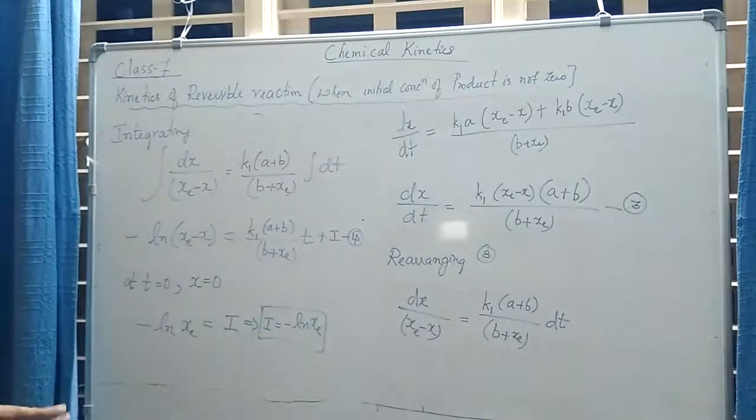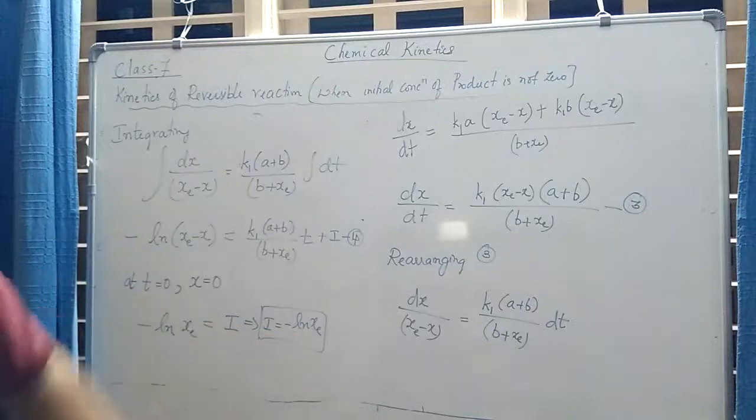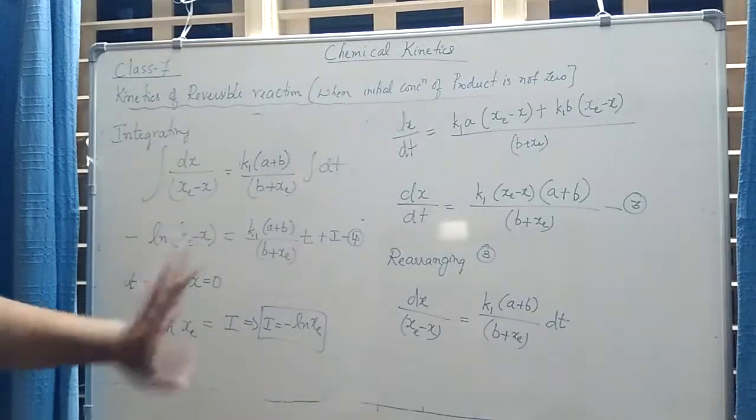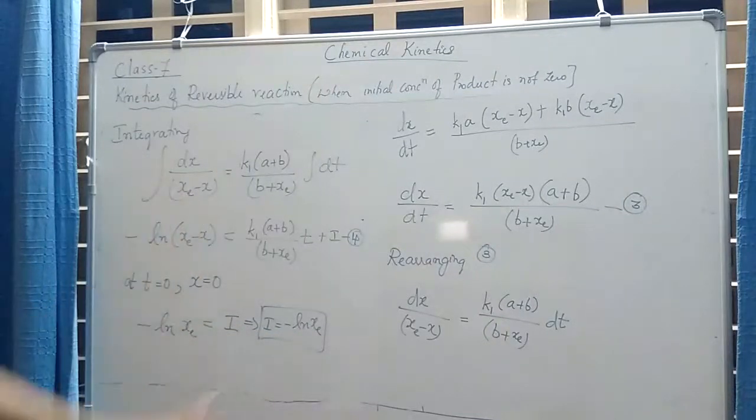So this expression is the same. The value of the integration constant I, equal to minus ln xe, is the same for both types of reversible reactions. So if I substitute the value of I in equation 4 and simplify, we can obtain an expression for k1. Let me do that.